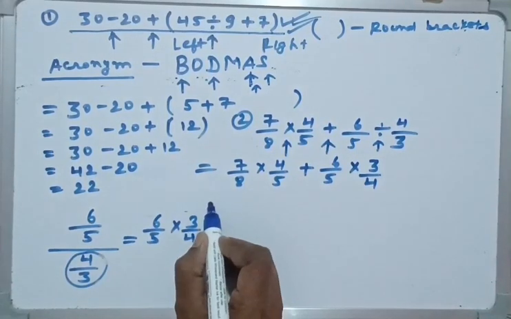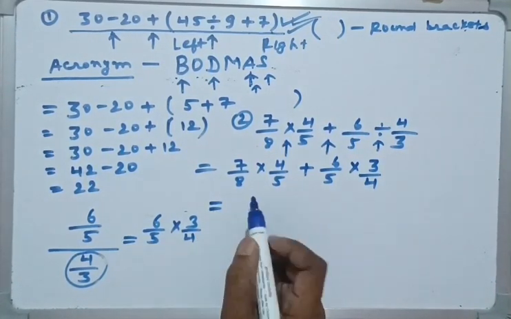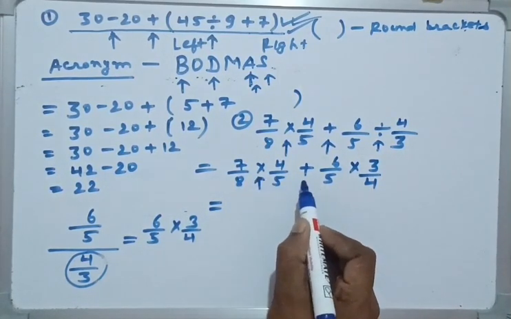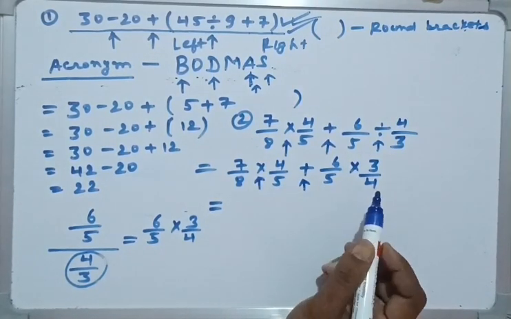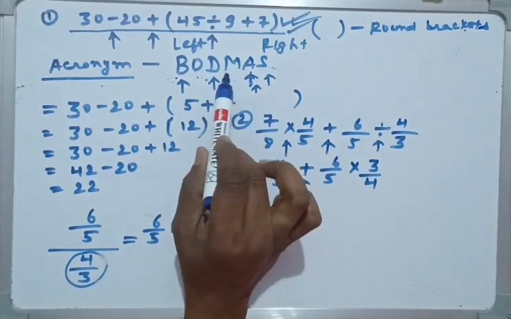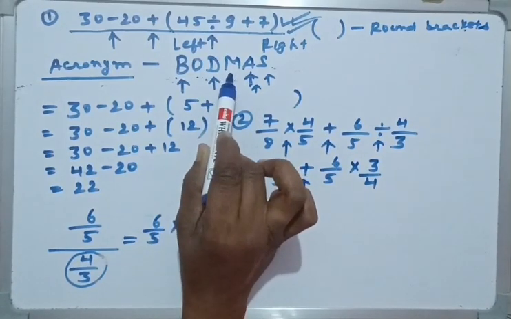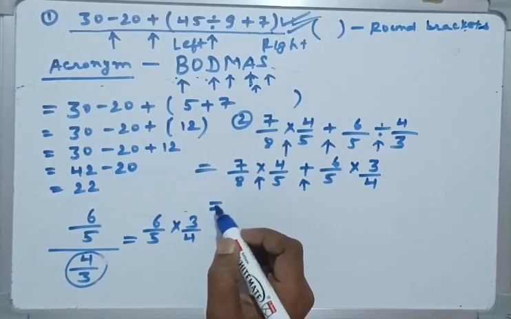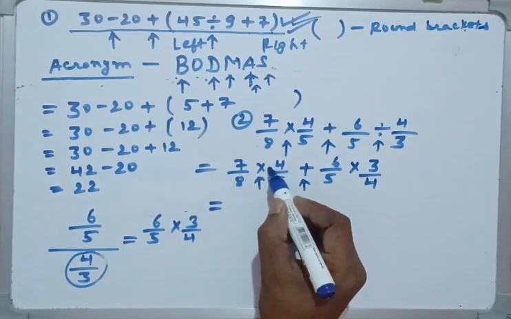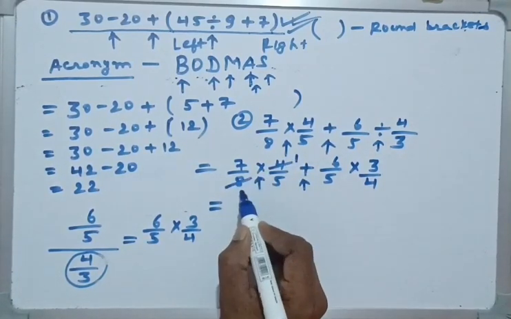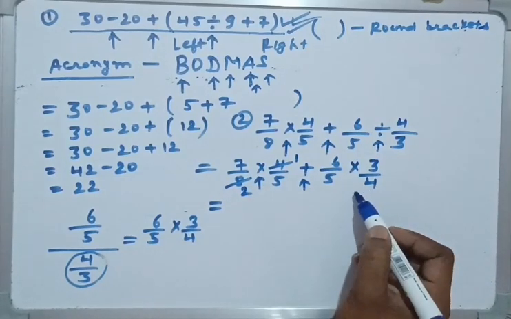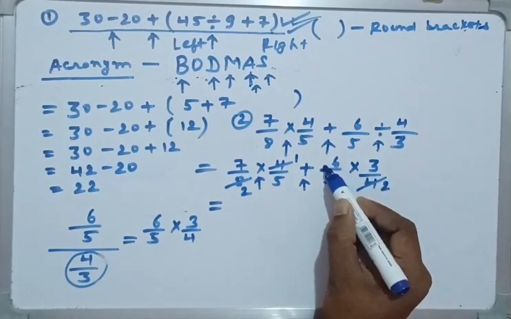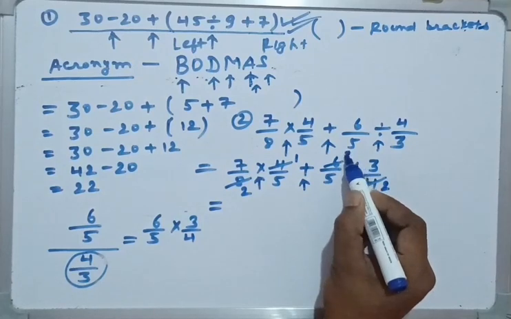Now we see this one. Here two operators are present: one is multiplication and the second one is addition. In BODMAS, M comes first moving from left to right, so we solve this one. You know 4 ones are 4, 4 twos are 8. Now in this case 2 twos are 4 and 2 threes are 6.